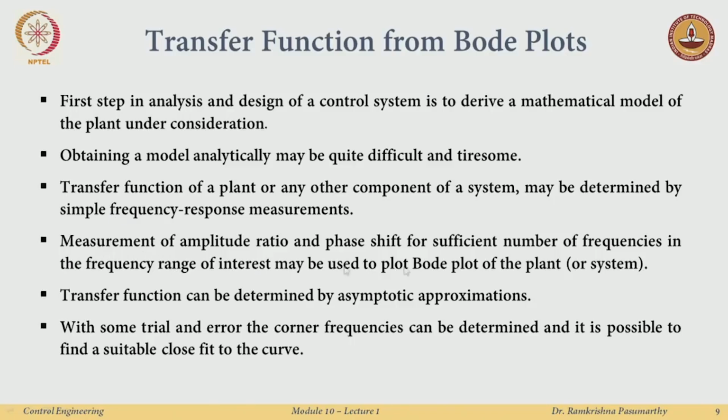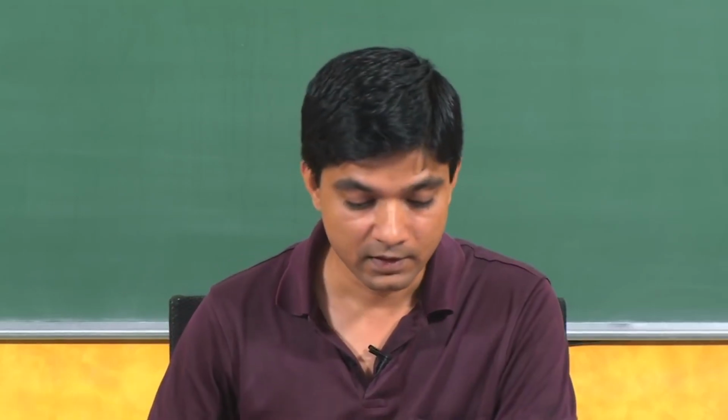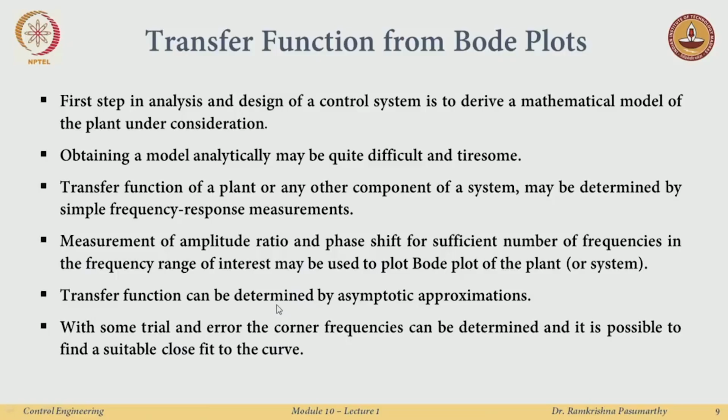So, I measure the amplitude over a large range of frequencies, and because of this I can easily plot the Bode plot. So, Bode essentially was that, right. I am looking at how my magnitude changes with changes in frequency, and the transfer function can be determined by the asymptotic approximations, and I will show you a couple of examples of how we do this.